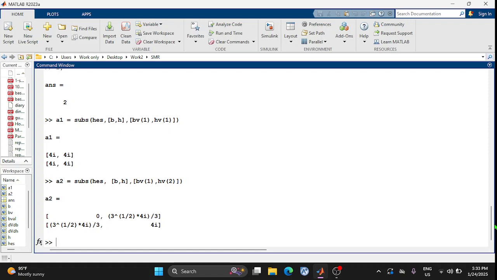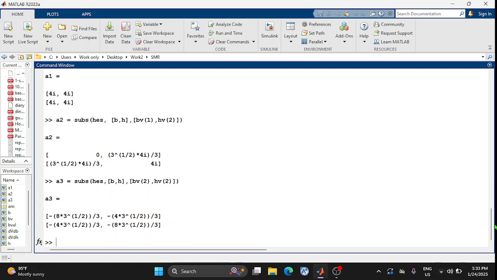Now let us go to our last combination, the second. We have B and H, so we have the second of bv and the second of hv, and that is 2 times 3 to the power of 1 over 2, over 3. So we have this expression over here. If I like to convert this expression to double precision numbers, I say double of my a3, just to change it to a numerical value.